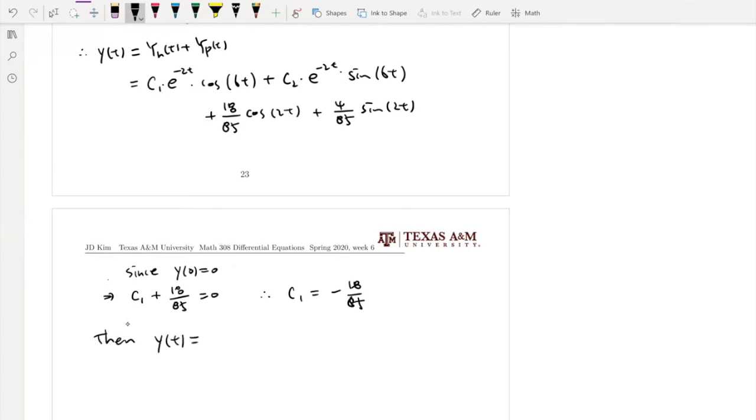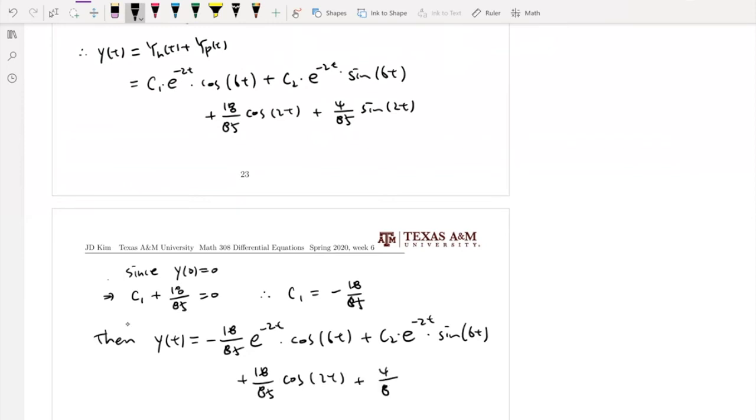y(t) is equal to negative 18 over 85 e to the minus 2t cosine 6t plus c2 e to the minus 2t sine 6t plus 18 over 85 cosine 2t plus 4 over 85 sine 2t, right?